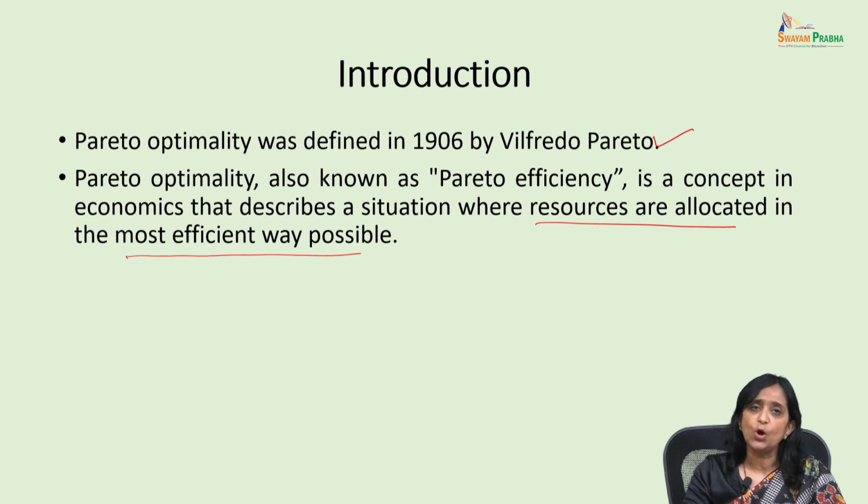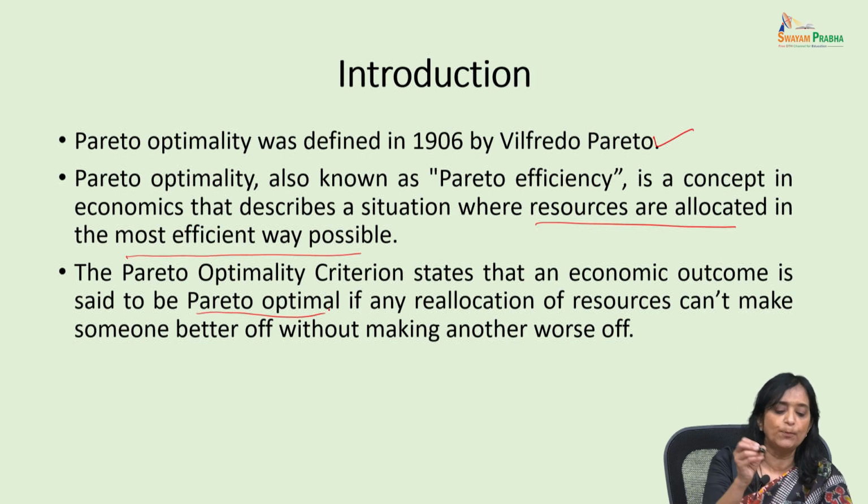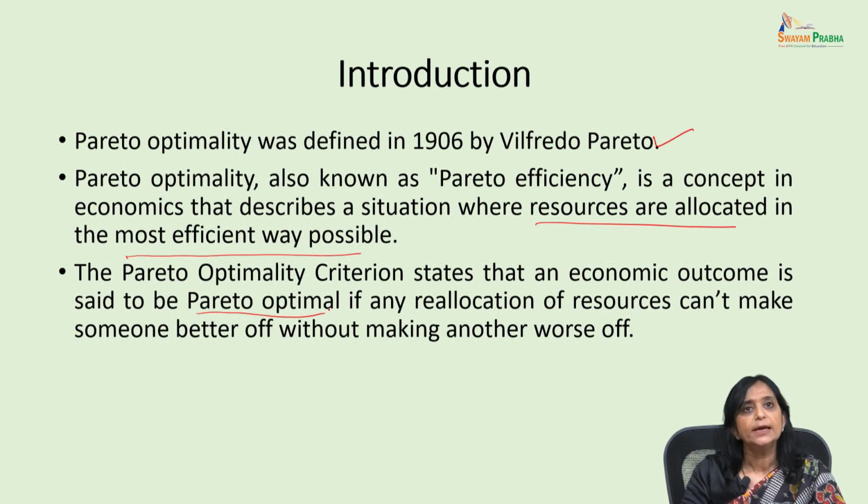So, it talks about certain conditions, and if those conditions are fulfilled, we get what is called an efficient economic outcome. This Pareto optimality criterion further states that an economic outcome is said to be Pareto optimal if any reallocation of resources can't make someone better off without making someone worse off.